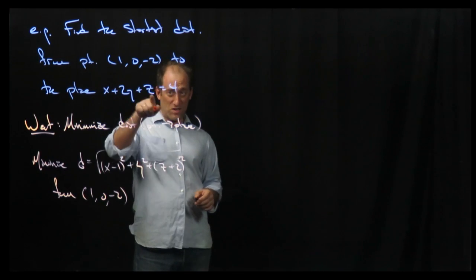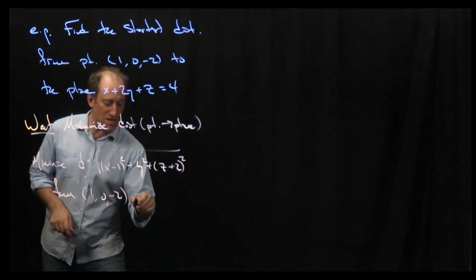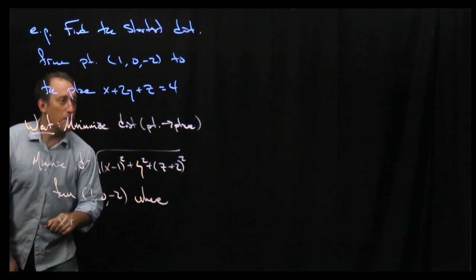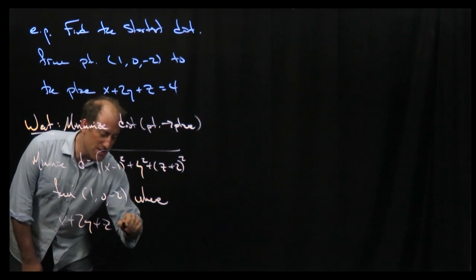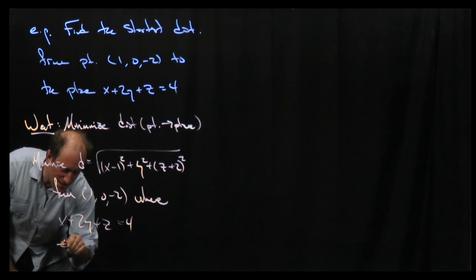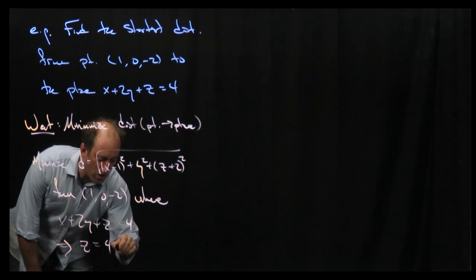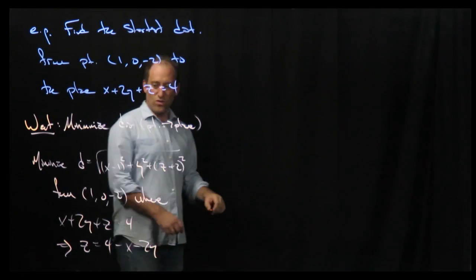However, the point must also lie on the plane x plus 2y plus z equal to 4. This is the same thing as saying z is equal to 4 minus x minus 2y.